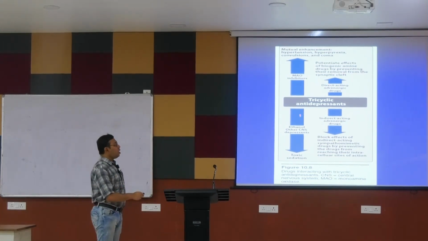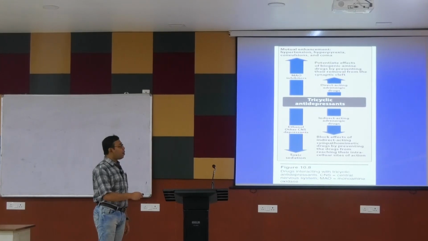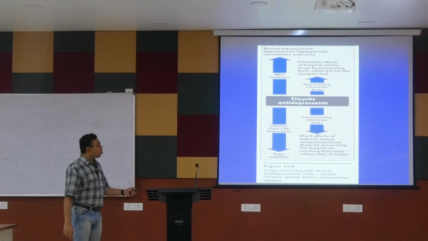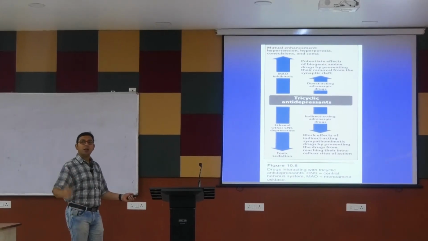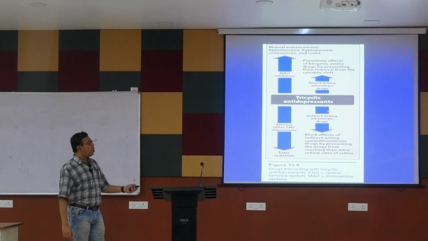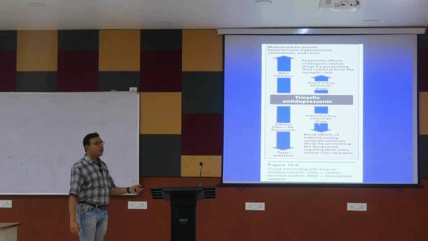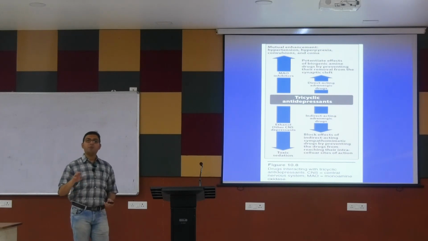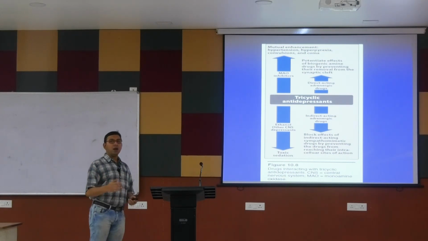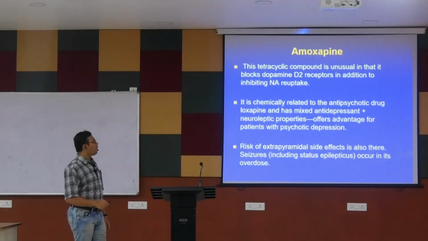On the other hand, if ethanol or other CNS depressants are used, that also leads to toxic sedation. So sedation will be toxic. Again, the patient can go into coma. And if we are using a high dose of indirectly acting adrenergic drugs, that also leads to toxicity. So other drugs have to be given cautiously when we are using tricyclic antidepressant drugs.